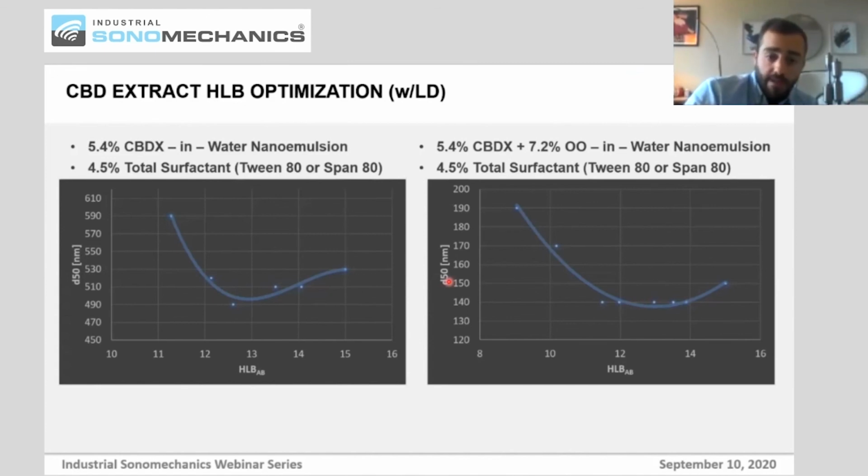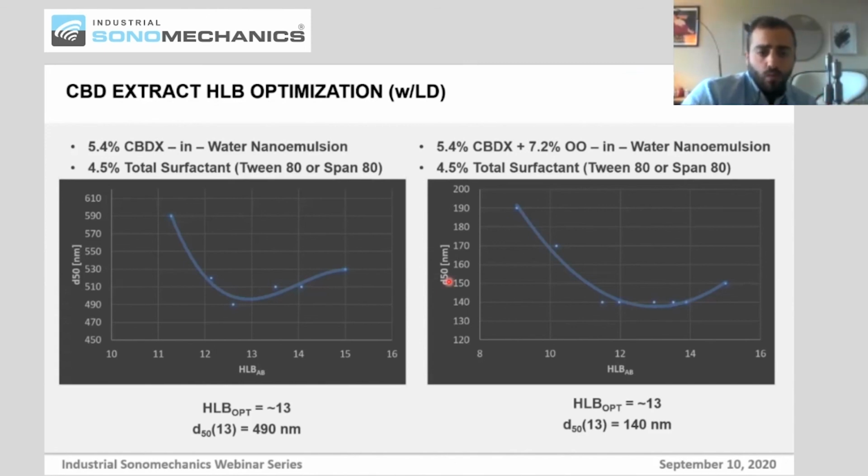What we see off the bat is that just changing the HLB can greatly help minimize your droplet size. The optimum HLB was about 13 for both nano-emulsions. What we saw again here was that the presence of a carrier oil greatly reduced the droplet size.